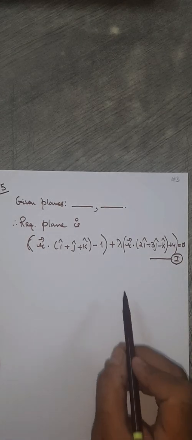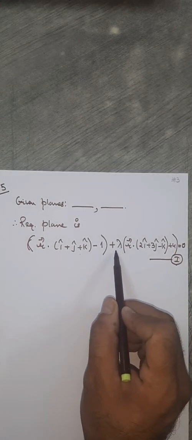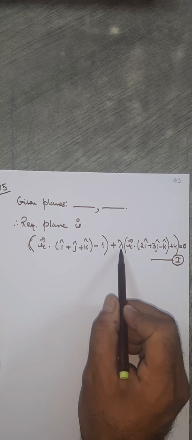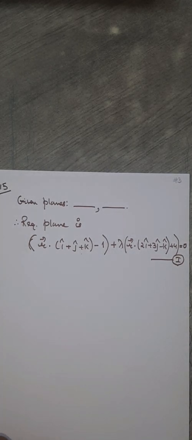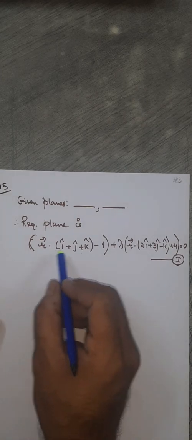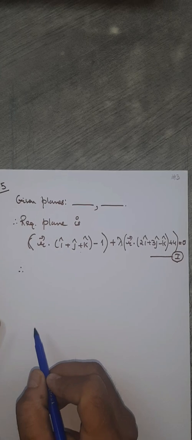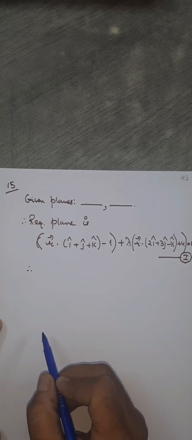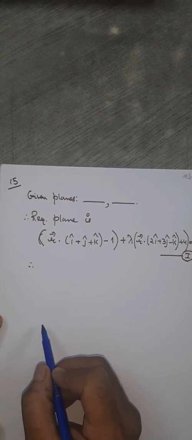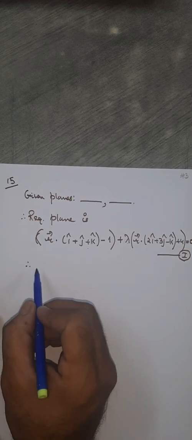What we do? We are given a certain condition in the question. We use that condition, we find the lambda and we place it here. Now the condition is about being parallel to the x-axis, so we need the normal to this plane. So I'll write in the standard vector form.